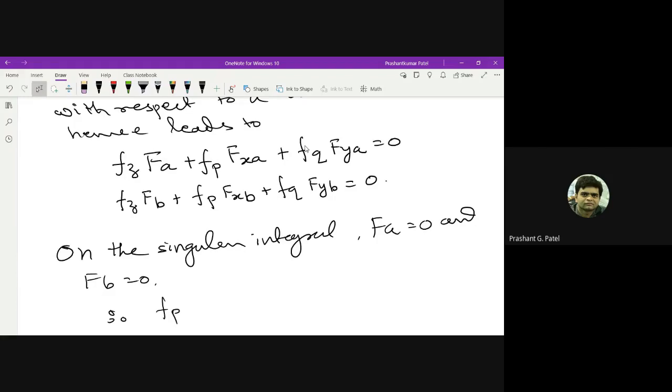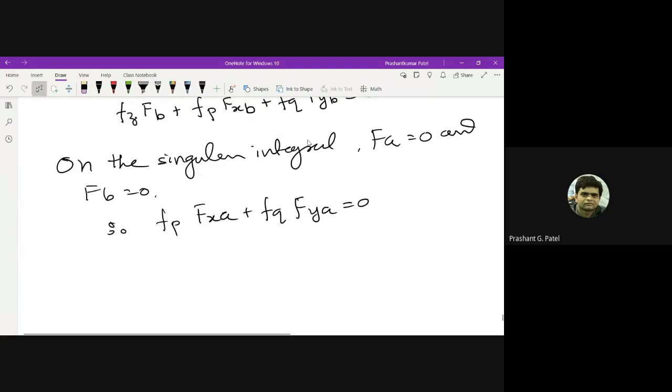So it will satisfy Fp Fxa plus Fq Fya equal to 0, and Fp Fxb plus Fq Fyb equal to 0. Now these are two linear equations in terms of Fp and Fq.